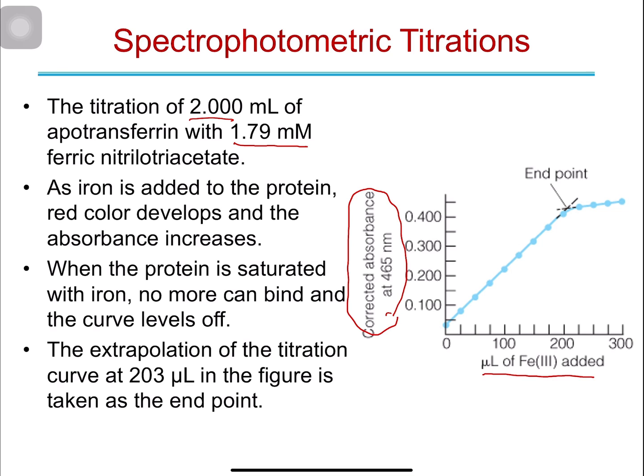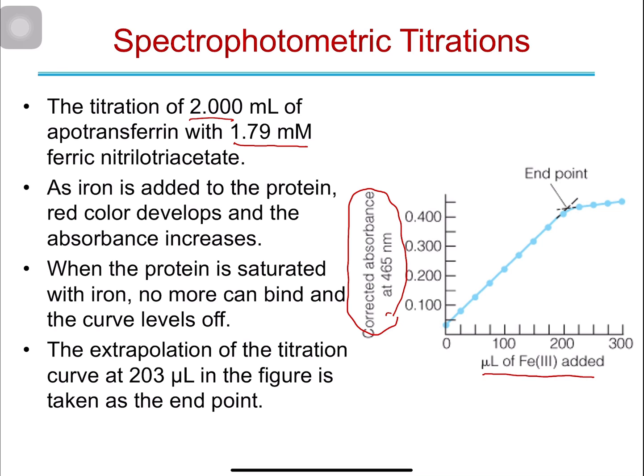What do we mean by corrected absorbance? You have to bear in mind that when you add the titrant to your original solution, the total volume of the solution will change. That means the concentration will change. So we need to make a correction of the absorbance.